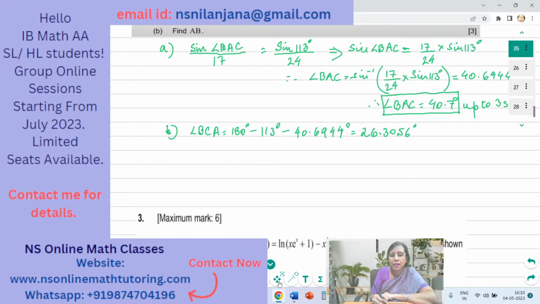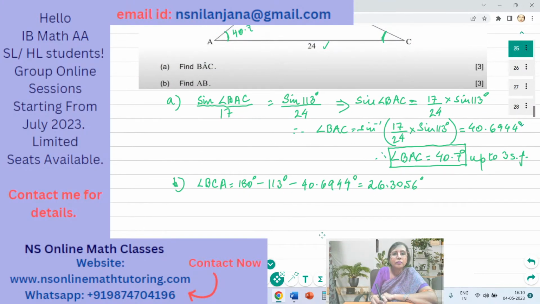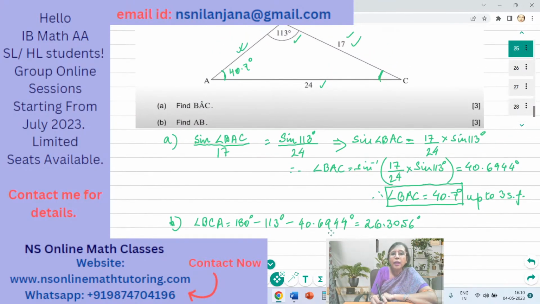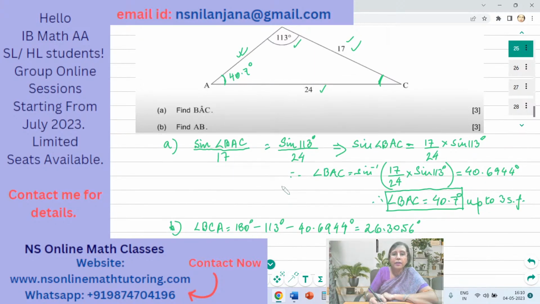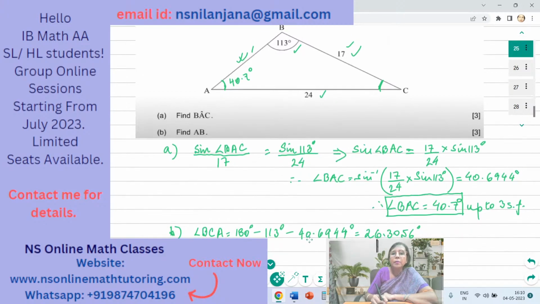This is angle BCA. They are saying we have to find AB. So this one is 26.3056.